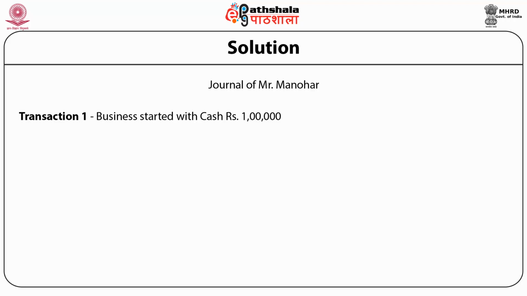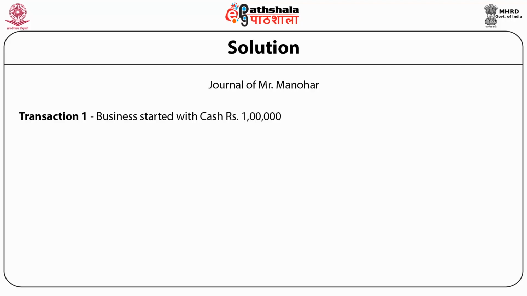So in a nutshell, the journal would be like: cash account to be debited and capital account to be credited. As we have already discussed, the debit is shown or denoted with the initials DR, but for credit we do not use the initials CR, we use To.